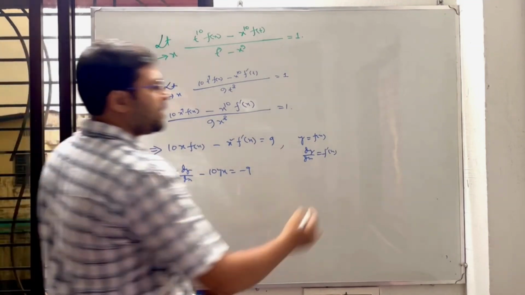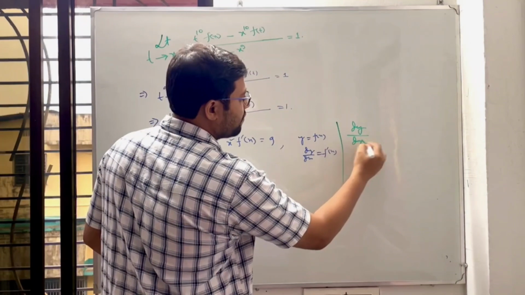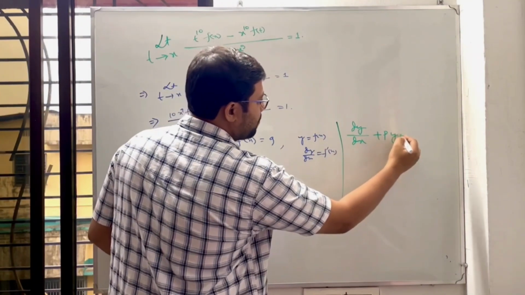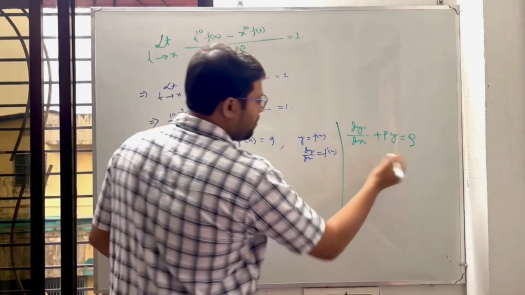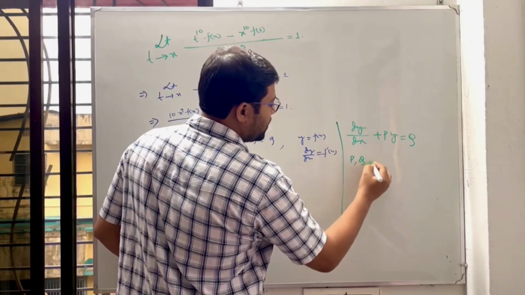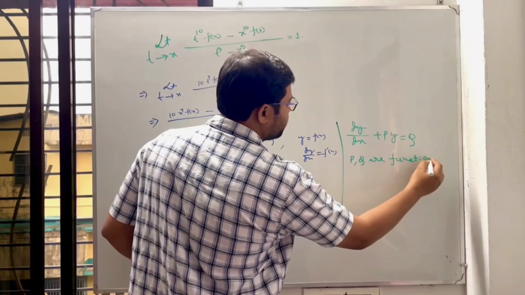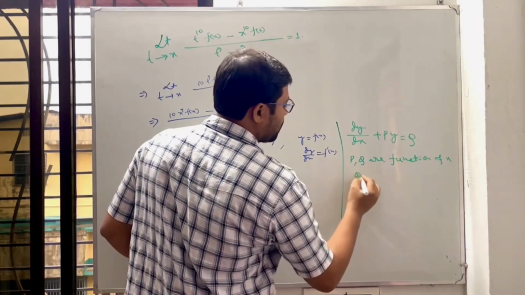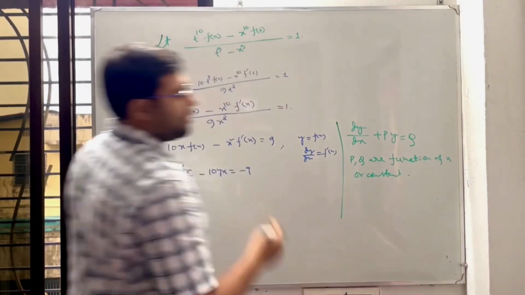We know that a differential equation is linear of first order and first degree if it is of the form dy/dx = py + q, where p and q are functions of x or constants.